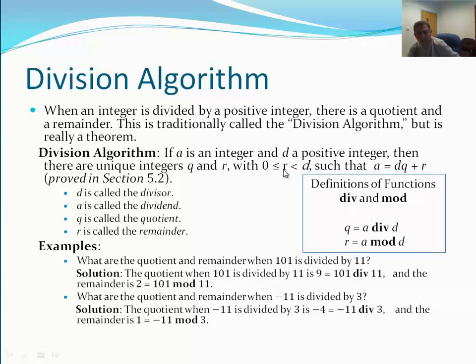So r cannot be a negative number. For that reason, minus 11 divided by 3, we say it is minus 4. Then minus 4 times 3 is minus 12, plus the remainder, which has to be 1, to make it equal to minus 11.